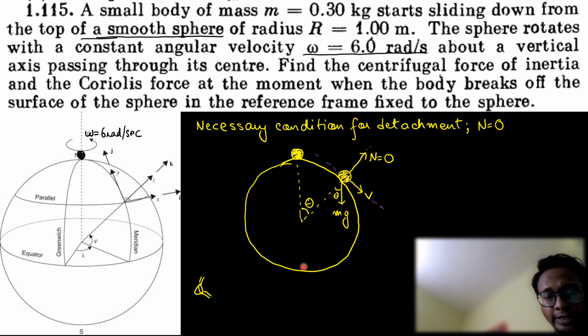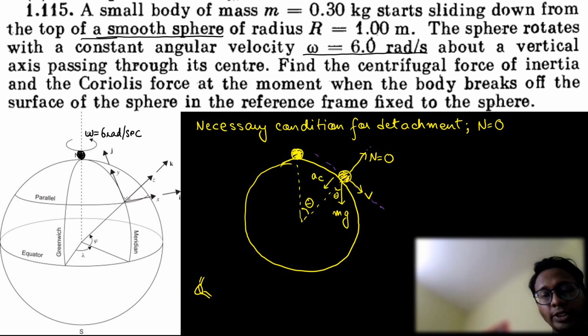So can I say, this ball is moving in a tangential orbit with velocity v. And what is the acceleration of this ball? The acceleration is centripetal acceleration, because while falling, this ball is moving along a circular orbit.